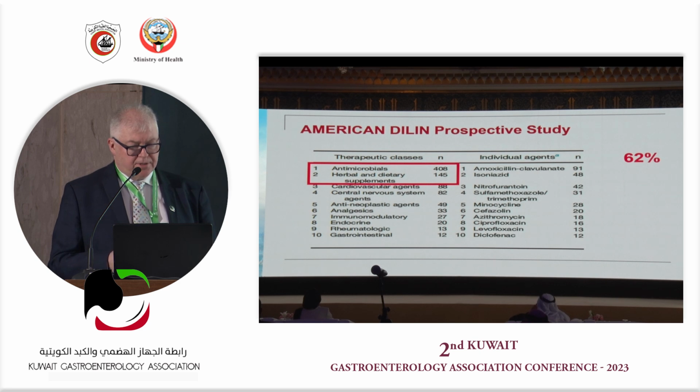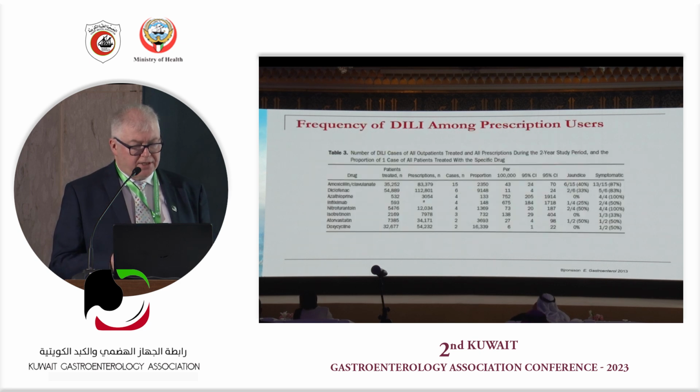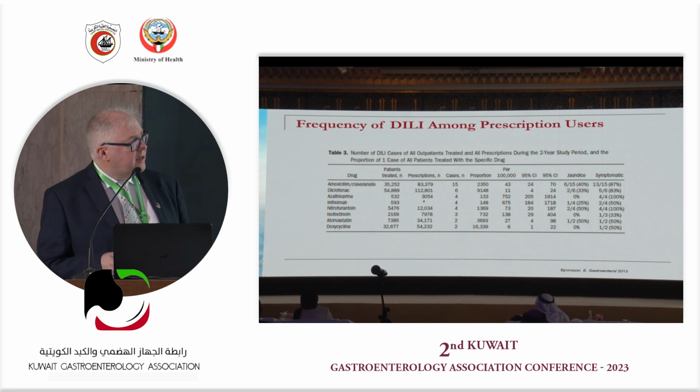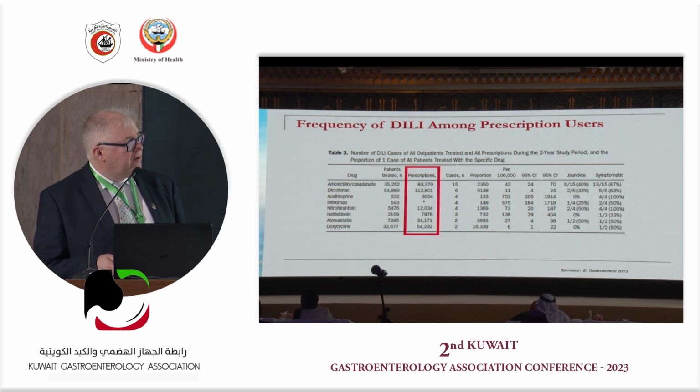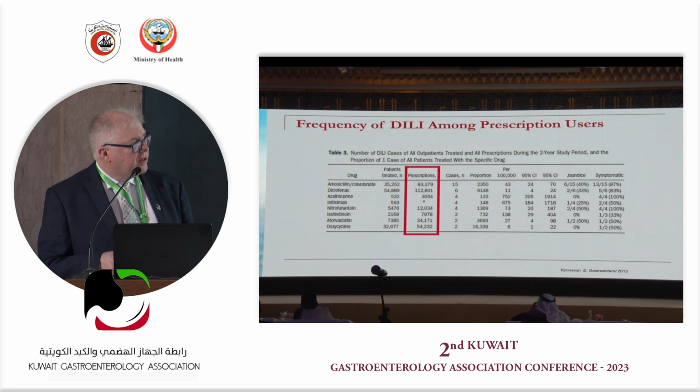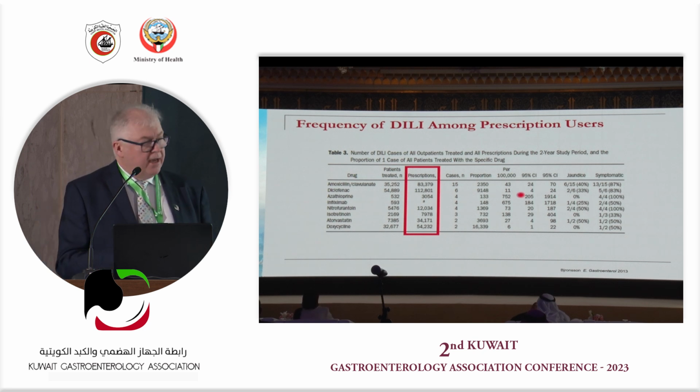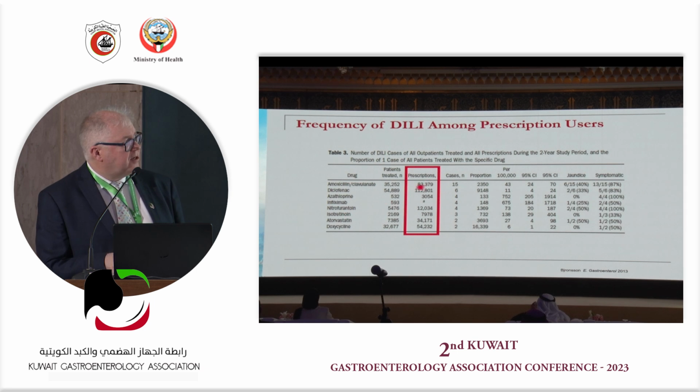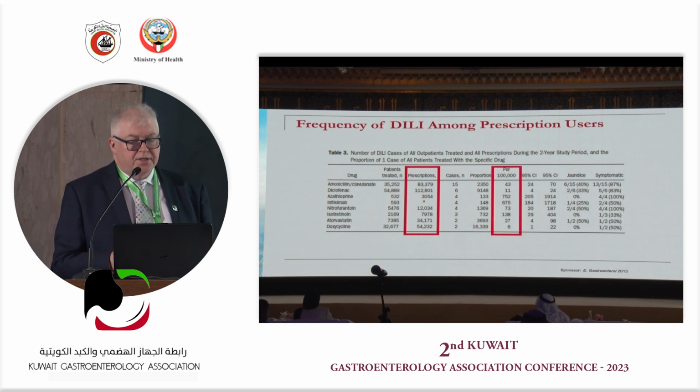And that's 62% of the whole game, herbal and dietary supplements. And this is data from Iceland, and if you actually look at it again, you can see that it tends to be antibiotic therapy, a little bit of therapy for inflammatory bowel disease, autoimmune hepatitis. So this is very important.